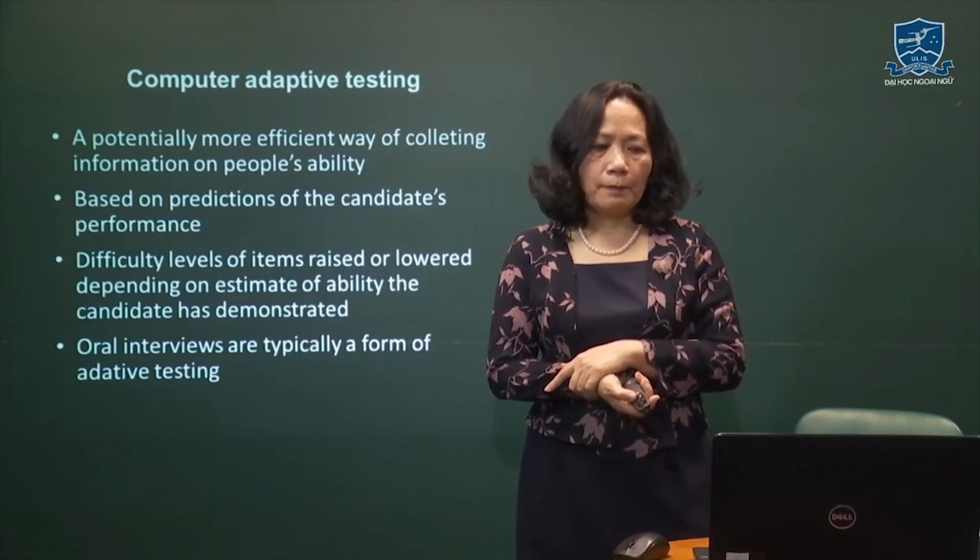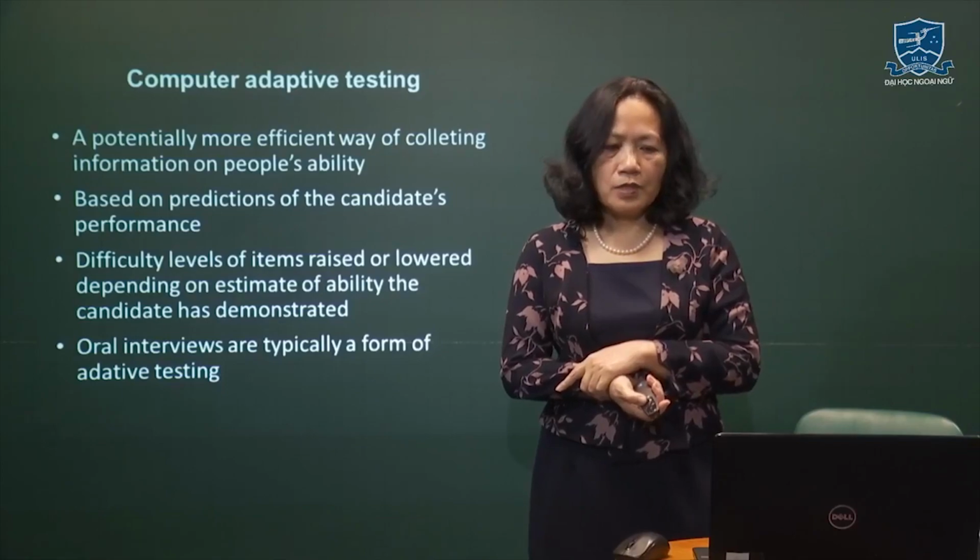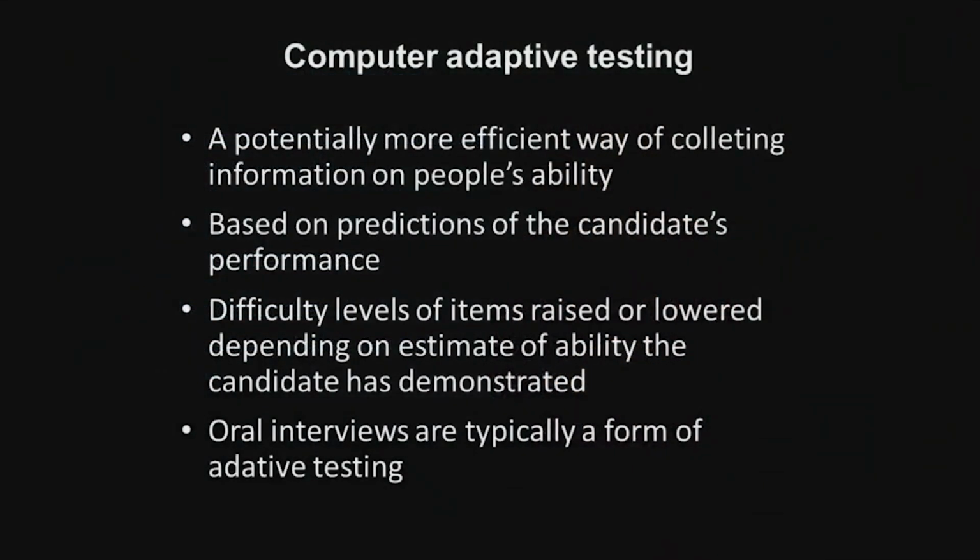So the computer adaptive testing will help save a lot of time by raising or lowering the level of difficulty depending on the answers of the students to the previous questions.